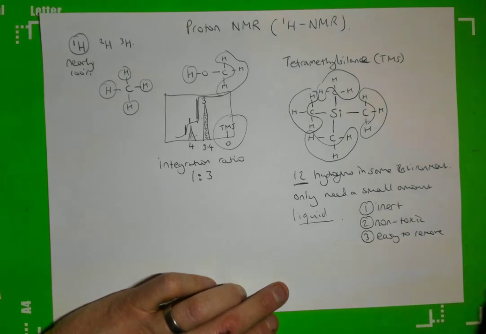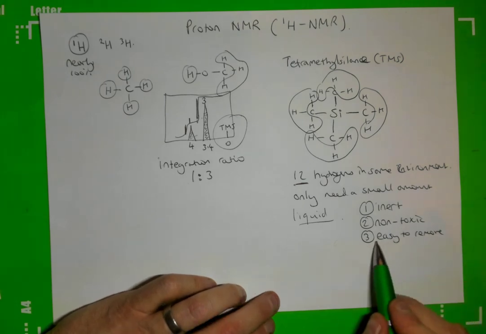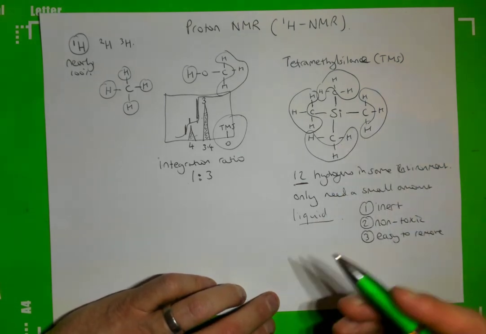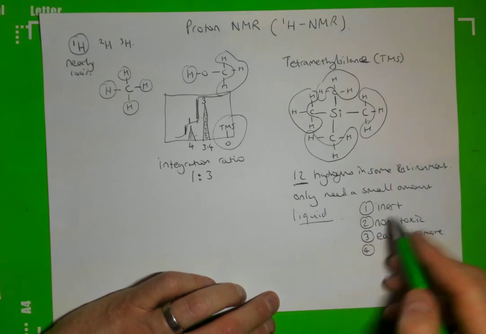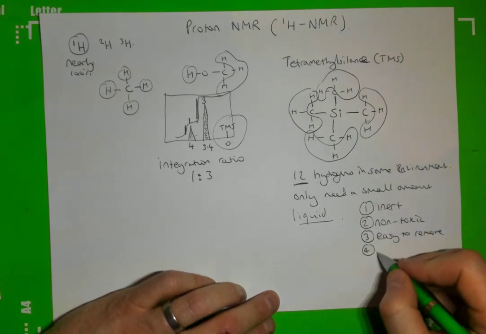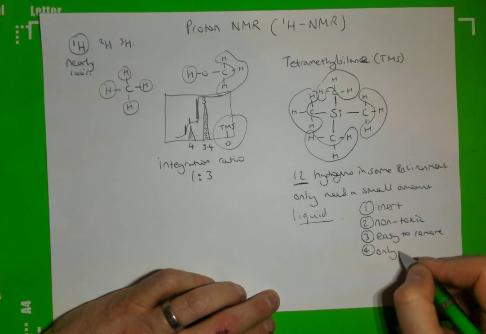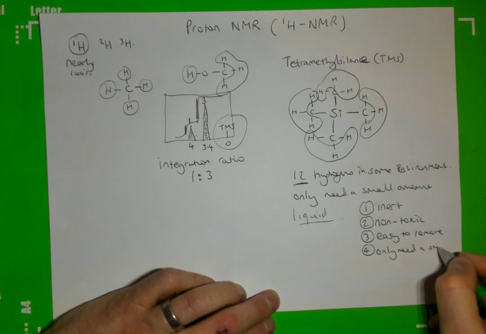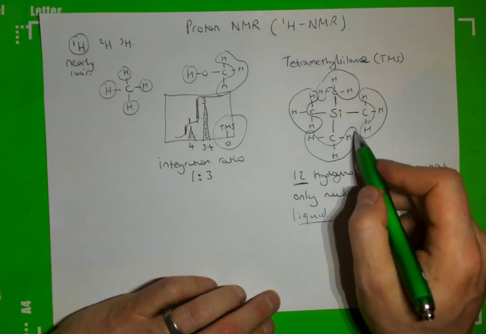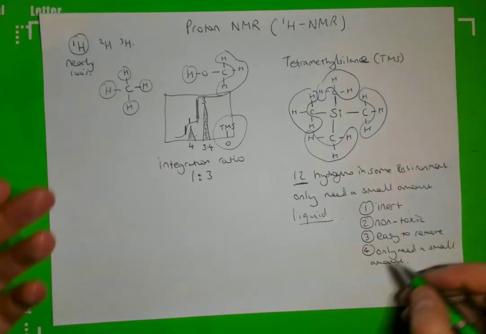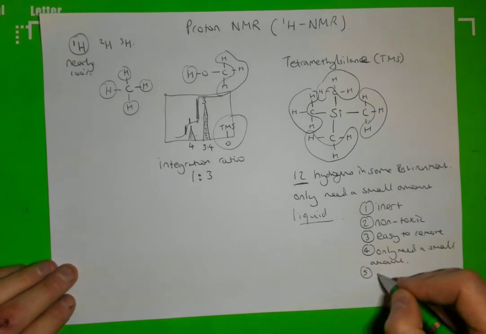If we want the sample back at the end, we can evaporate off the TMS, leaving the original sample. And the fourth reason, just to recap, you only need a small amount. This is due to the intense peak that it produces. And of course, it only produces one peak.